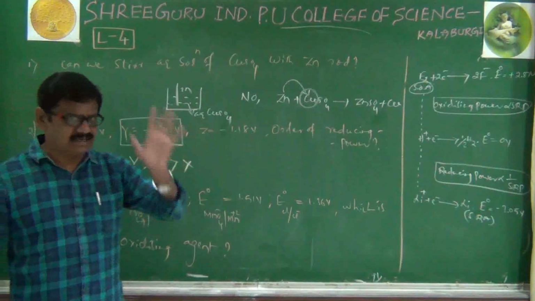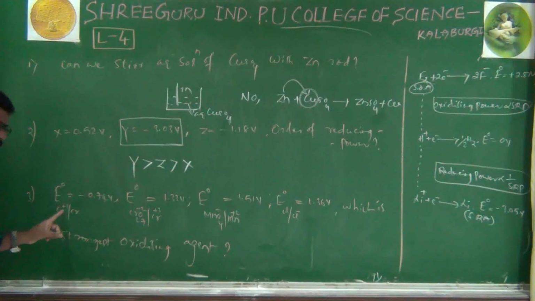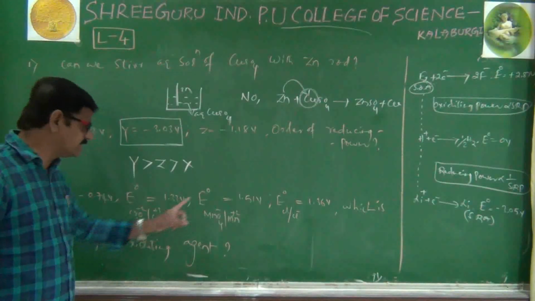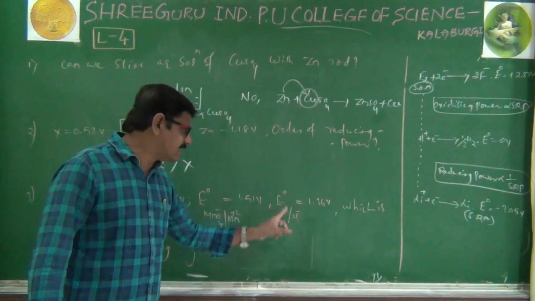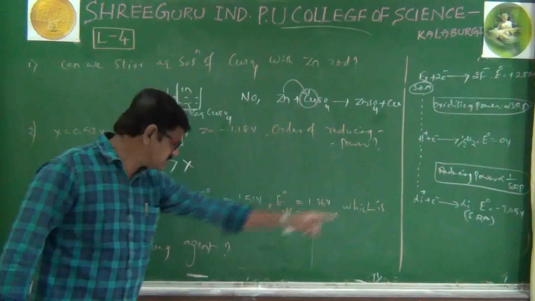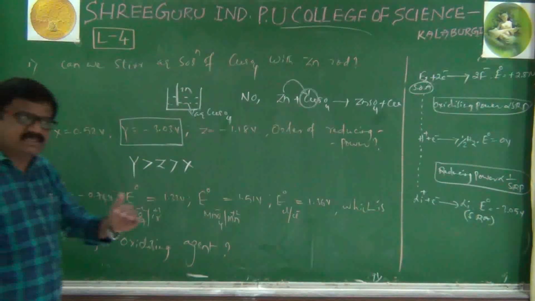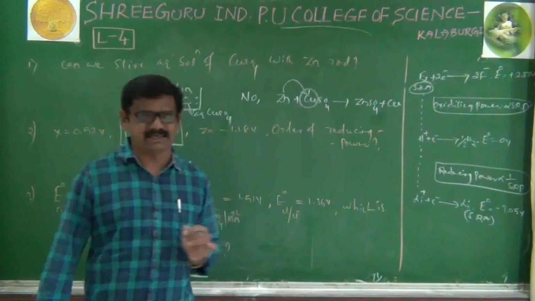And the third question: the E naught value of Cr3+/Cr, the E naught value of Cr2O7 2-/Cr3+, the E naught value of MnO4-/Mn2+, and the E naught of Cl2/Cl- are given, and it asks which is the strongest oxidizing agent. An oxidizing agent always oxidizes others and itself undergoes reduction.